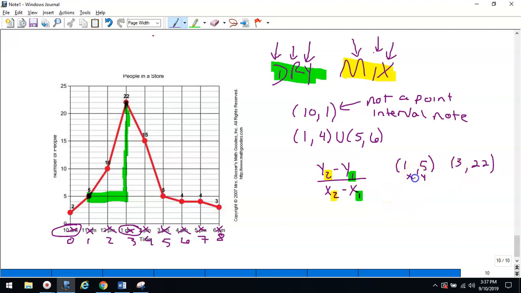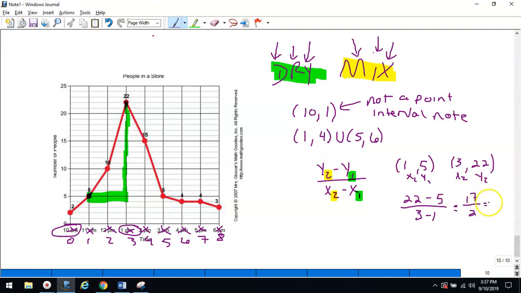this is x1, y1, this is x2, y2, we're going to have 22 minus 5 over 3 minus 1 is equal to 22 minus 5 is 17 over 2.